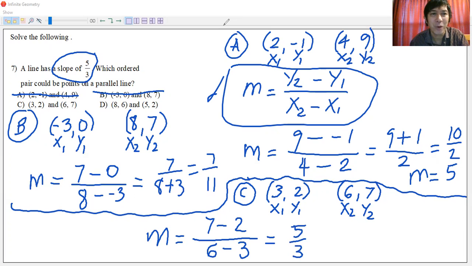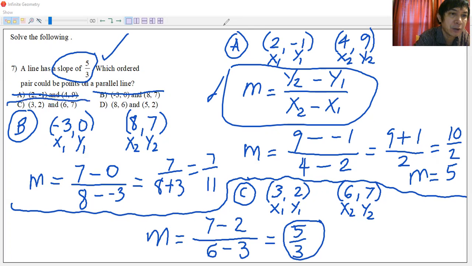And there you are. We were able to get that 5 over 3 there, and so this must be the answer. Letter C satisfies a line which contains 3, 2, and 6, 7.